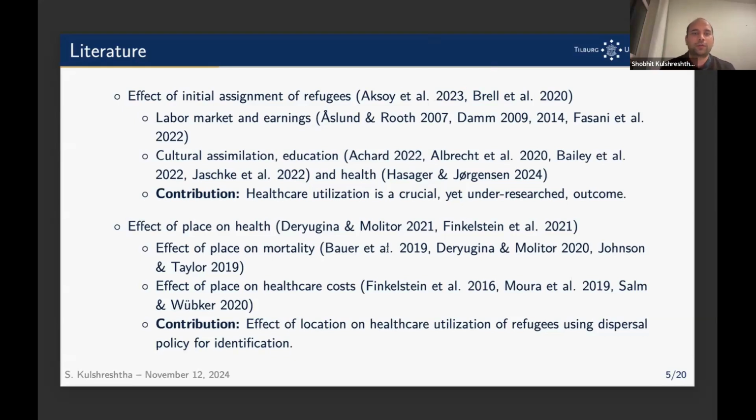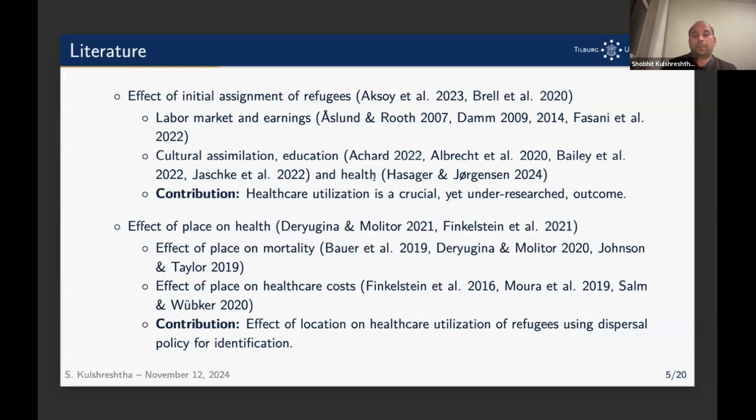So maybe I'll just continue with the literature slide. The first question is exactly the dispersal policy question, which I'm answering. My paper does relate to the effect of dispersal policy on healthcare utilization of refugees, and that's the first strand of literature that I'm contributing to, because people have looked at the effect of dispersal policy on, let's say, labor market outcomes, cultural assimilation, education, and there's a very recent working paper which also looks at long-term health.